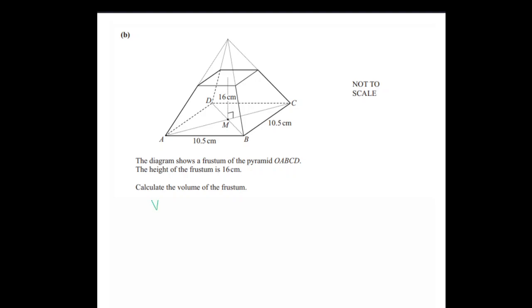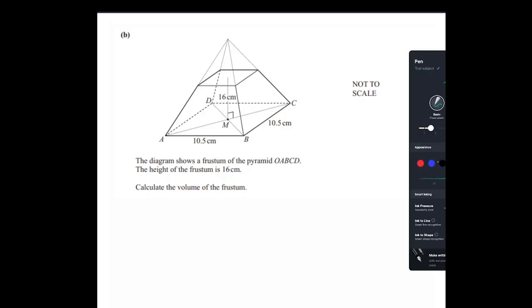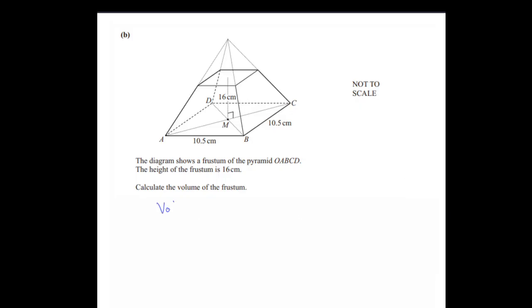So volume of pyramid OABCD is 1 by 3 into base area, that is 10.5 square, into height.